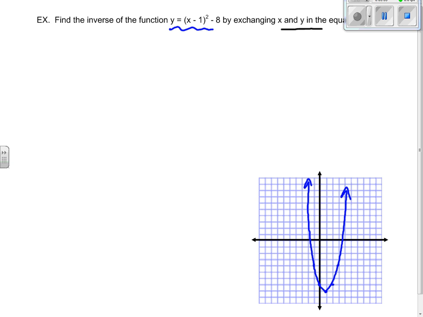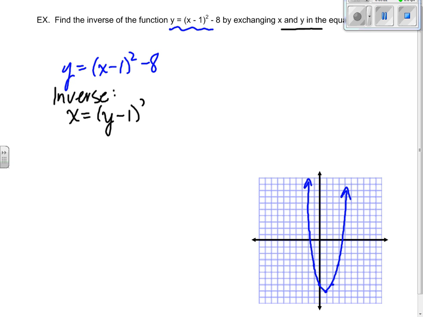Let's exchange the x and the y values. So if my original function was this one, my inverse relation, which may not be a function, I can obtain by swapping my x and y values in the equation. I'm going to solve for y so that I can see it written in the form that I'm used to. I'm going to add 8 to both sides.